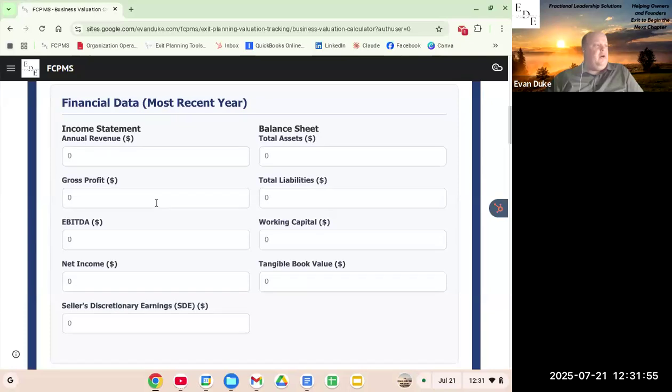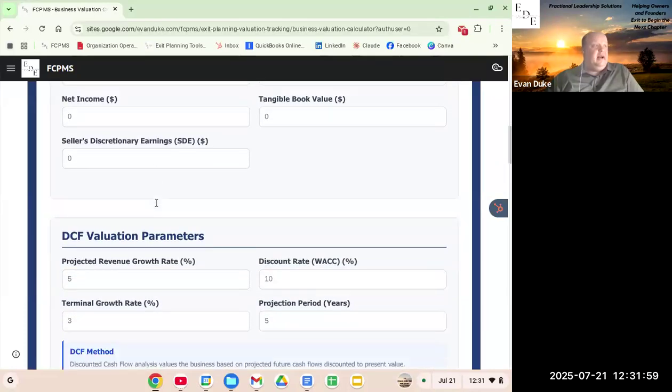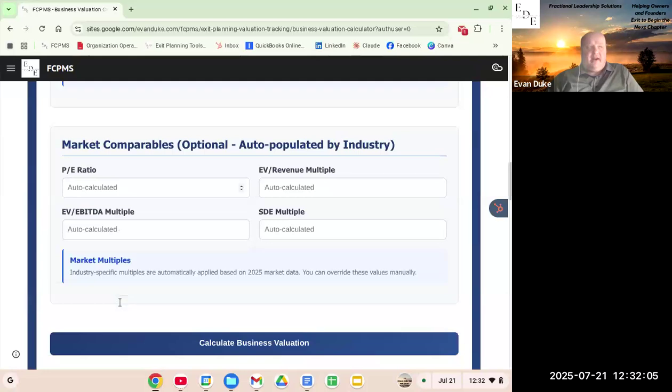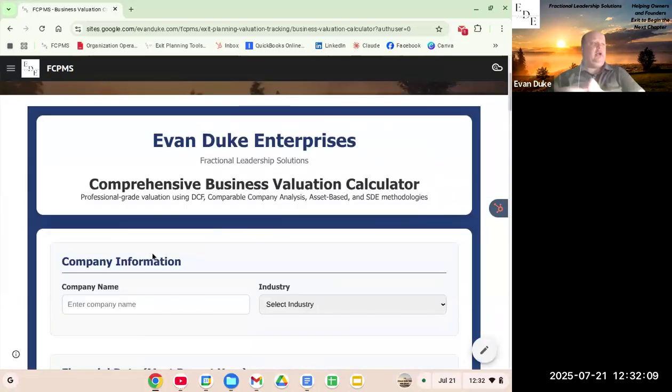And once you put all of this information in, what you'll see is we'll be able to come up with, really, it'll give us what the multiples are, but it will also give us the value. So what's nice about this is we'll be able to take a look at where things stand and get a little bit deeper than a business valuation calculator.